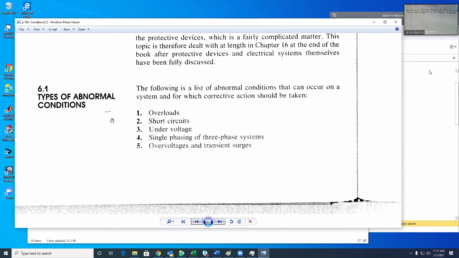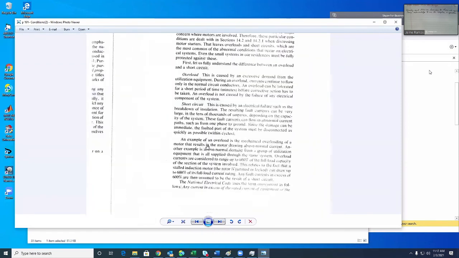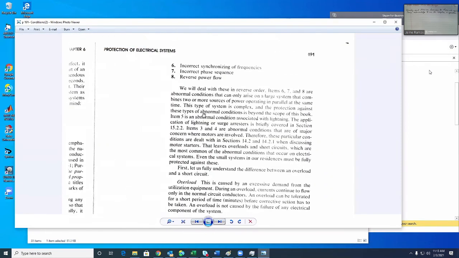So then when you do the homework on questions, you'll be answering these questions about these topics, okay? So there are more, 6, 7, 8. They will not be considered in this book.